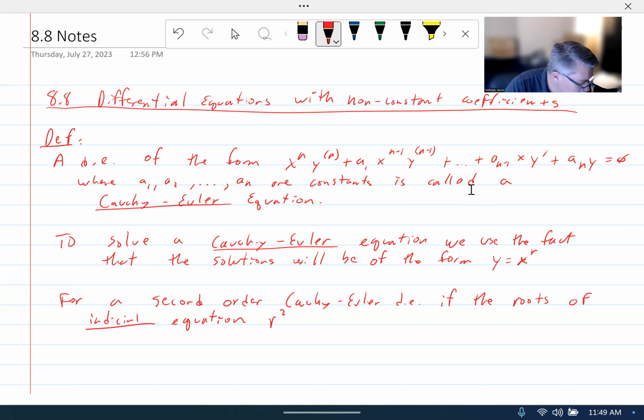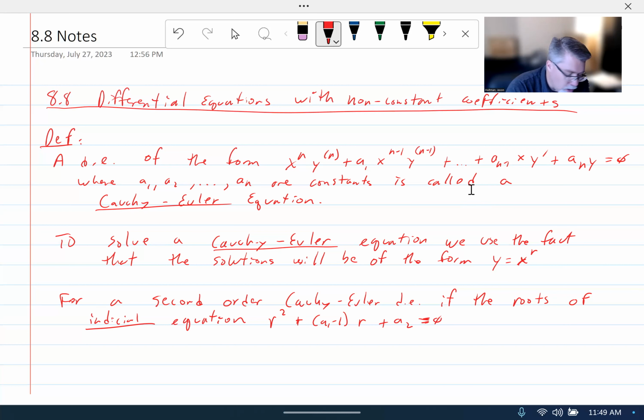r squared plus (a1 minus 1) r plus a2 equals 0.